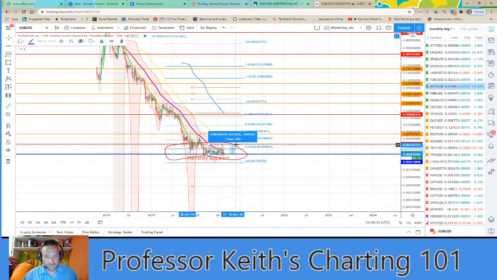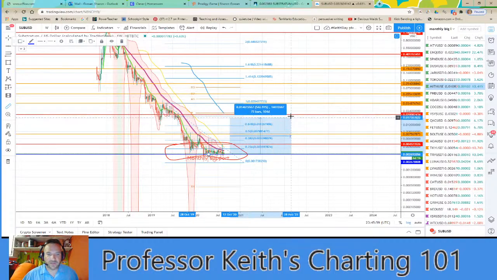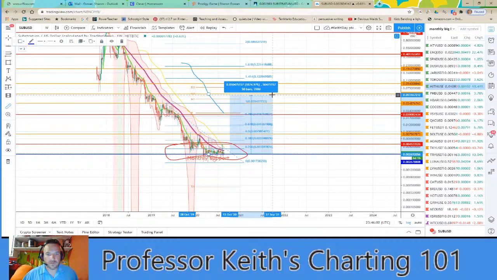First move, 60%. And that's to the first move. Then 186 to basically the 50. And then to the 786, it looks like 650%. I'm trying to use round numbers. 1950%.